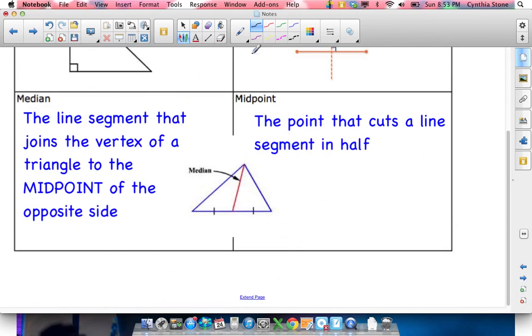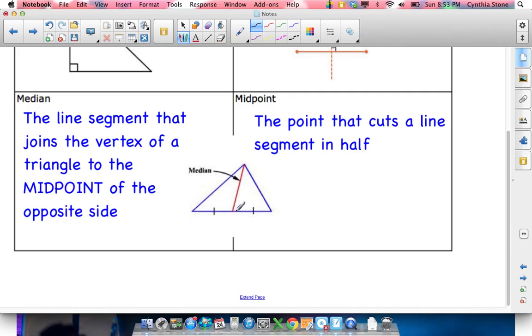The term median. You may have learned the term median in math before, in data management. Of course, with geometry, it means something completely different. A median for us is if you have some vertex, any vertex, and then it comes across to the opposite side of the triangle.